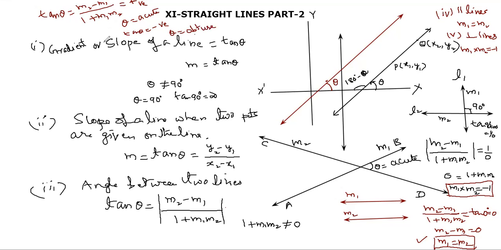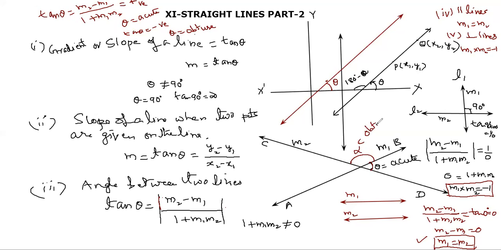So it depends on the value. Without using the absolute value, you find the value, and then check whether it is positive or negative. If positive, you are getting the acute angle. And if it is negative, you are getting this angle, alpha, which will be the obtuse angle.